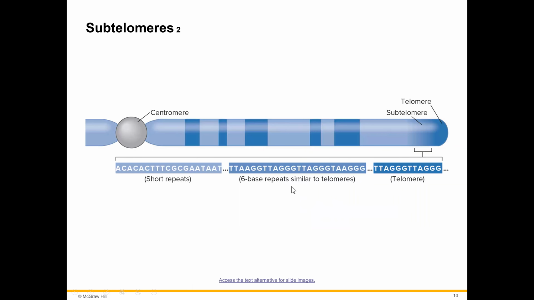That's why it shows over here we have 6 base repeats similar to telomeres. As you get closer to the telomere, repeats become similar to the telomere. And then you have short repeats that code for most of the genes.